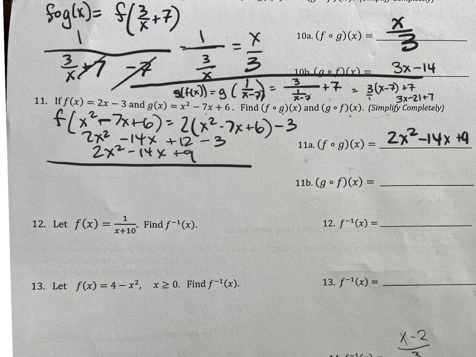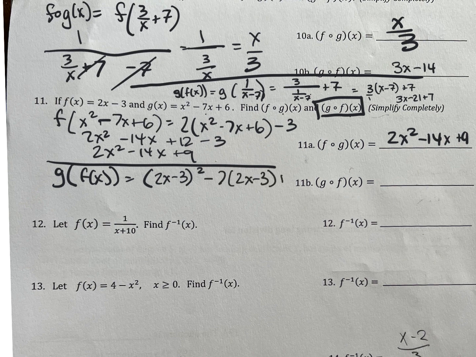Right, next one. All right, g of f of x. Put f into g. So 2x minus 3 squared minus 7 times 2x minus 3 plus 6.